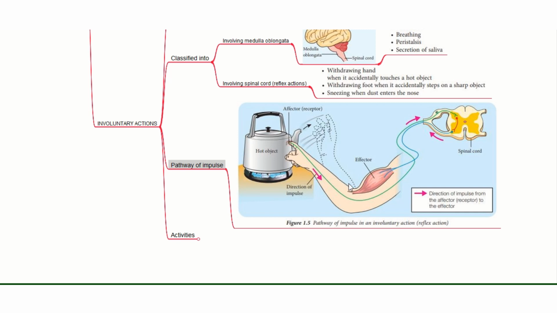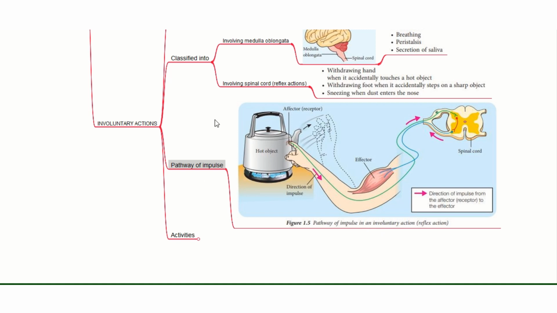And what happens is the receptor sends the impulse to the spinal cord, and the spinal cord then sends the impulse to the effector, and the effector, or the finger here, is quickly released from the hot object. That's the pathway of impulse in an involuntary action, reflex action.